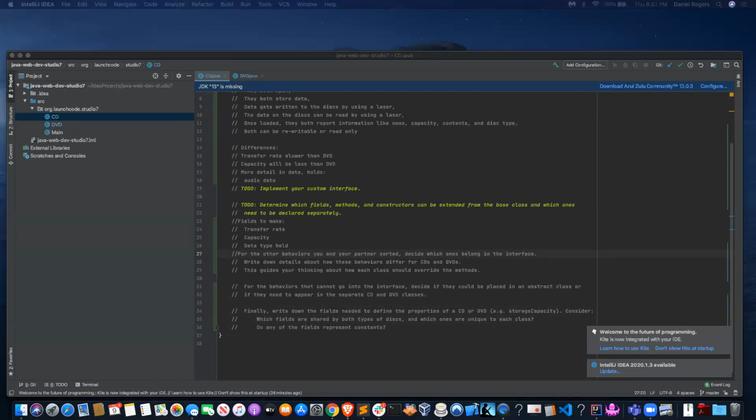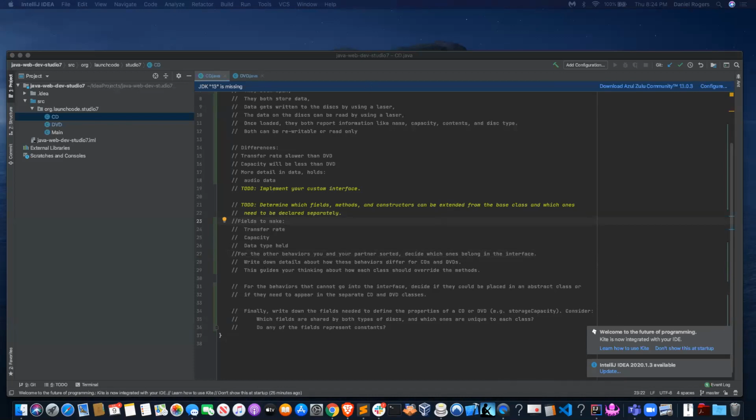I think it actually wants us to make a third generic class.